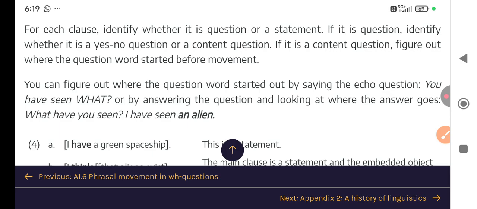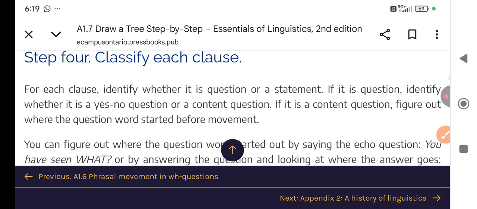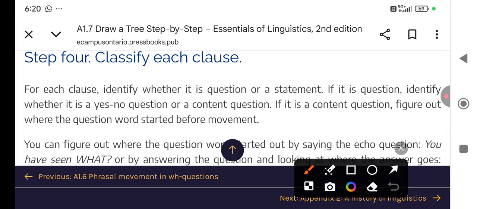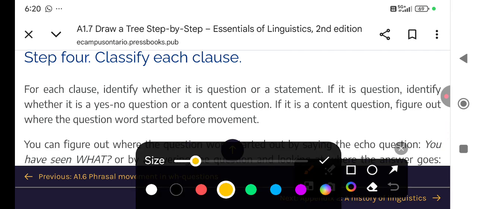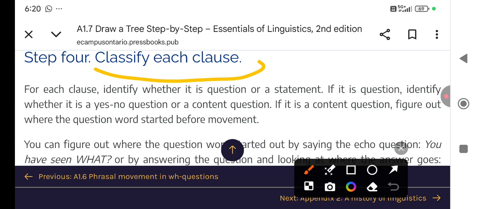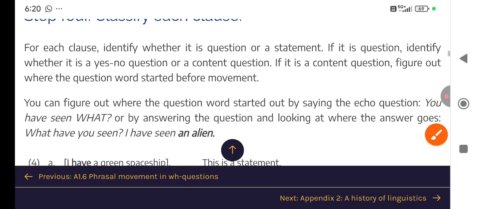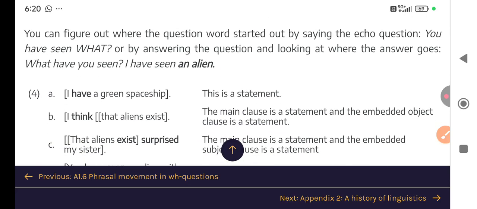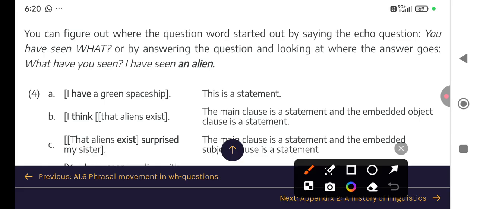So let us do it, because in the fourth step we have to classify the clause, right? Classify the clause. So here we will classify. Okay. For each clause, identify whether it is a question or a statement. Because in this clause, I have this is a statement, right?